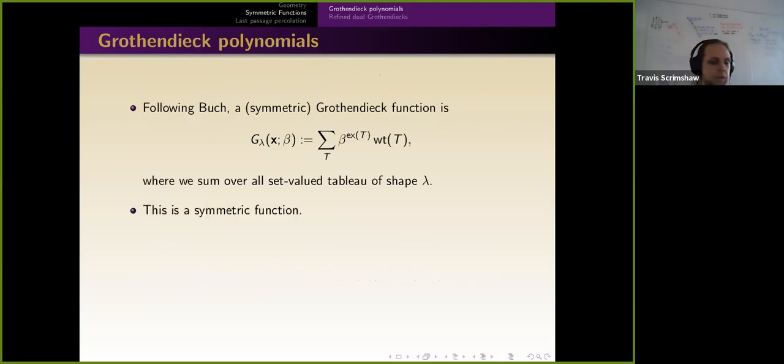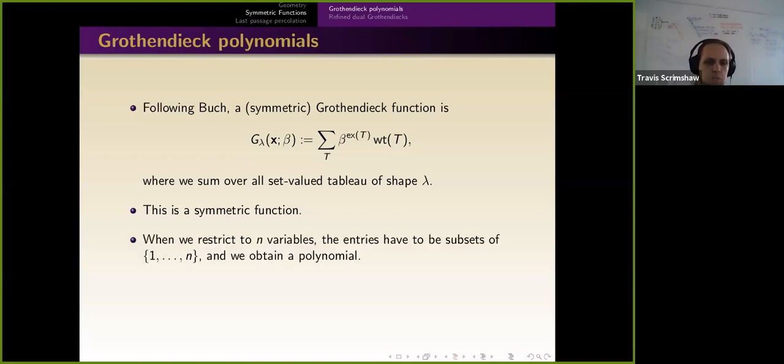And this is a symmetric function in the same way as for Schur functions, but you have to work a little bit harder to see it, at least from Bender-Knuth type combinatorial arguments, but it's not too difficult depending upon how you want to look at it. And if we want an honest polynomial, we can just restrict to n variables.